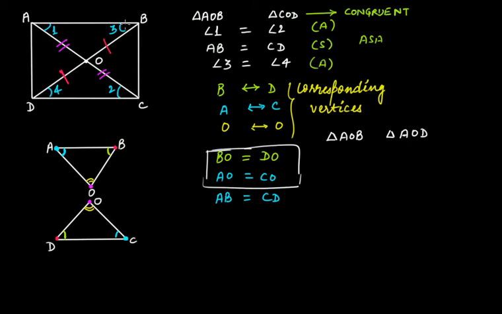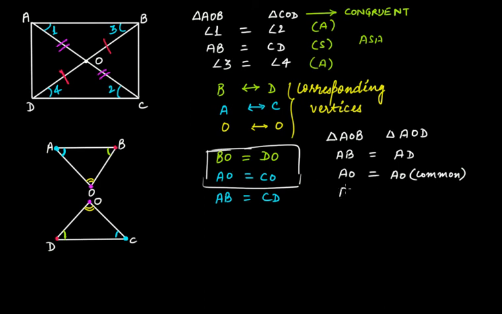Now, AB of this triangle AOB is equal to AD of this triangle AOD, because in a square all the sides are equal. Then this side AO is common, so AO is equal to AO since it is a common side. And then this BO is equal to DO we have seen here, right?